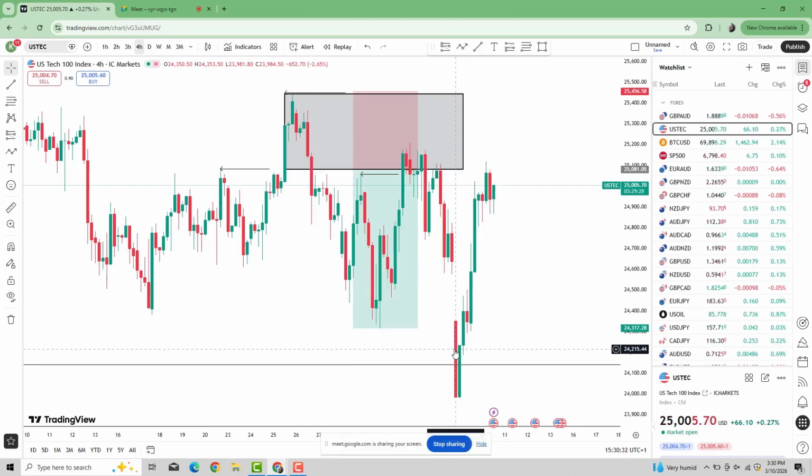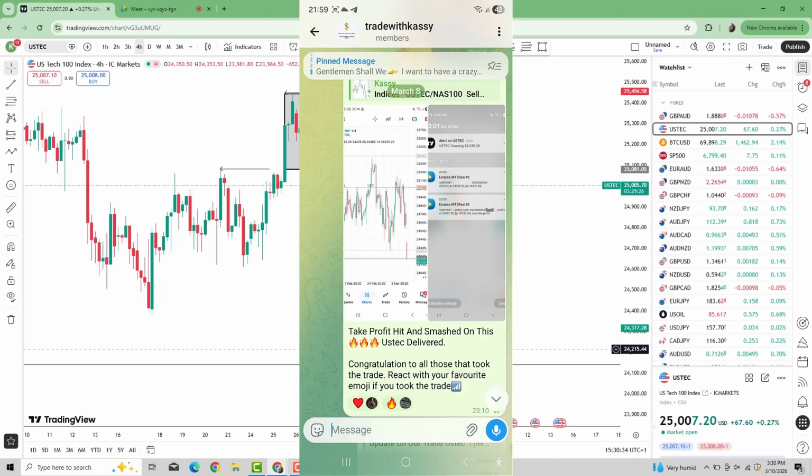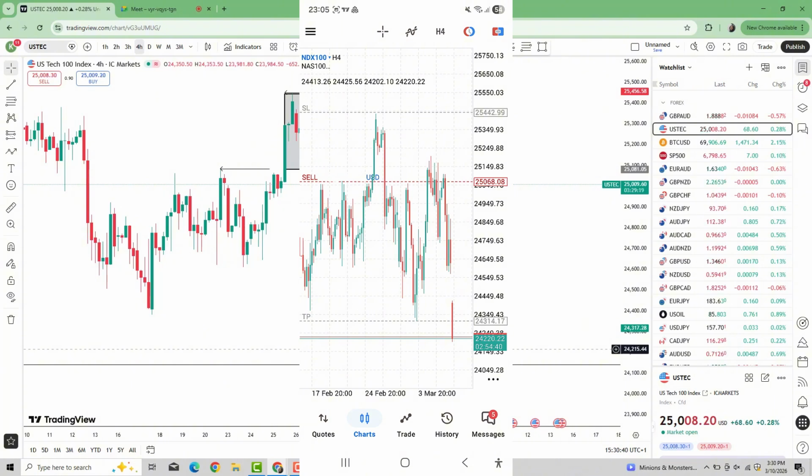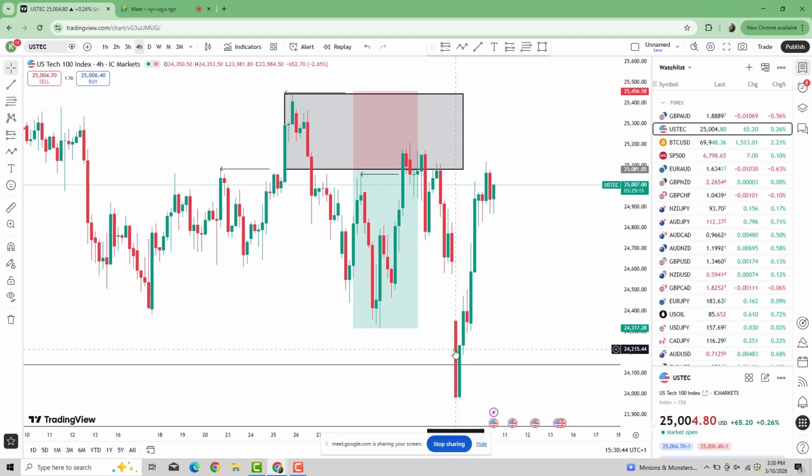And this was when the trade hit final target. Now, before this trade hit the final target, I was telling my students that in case you're scared of holding, because we held the trade for like 3 days, you can as well close in profit once the market opens, because the trade hits target on Sunday night, immediately the market opens.